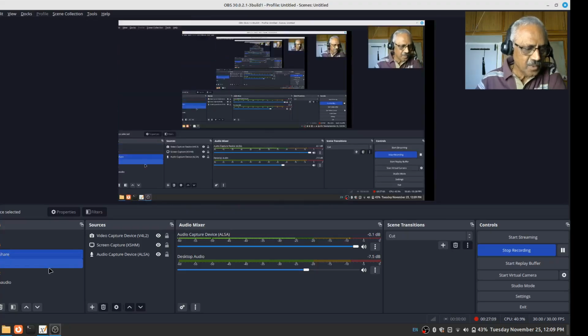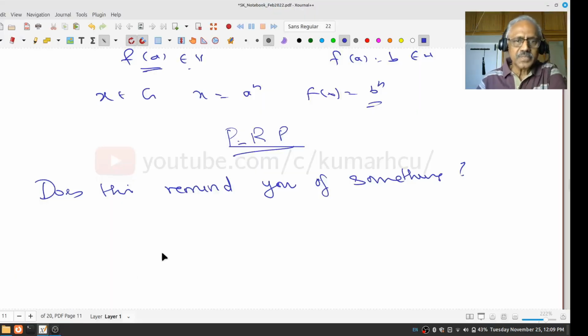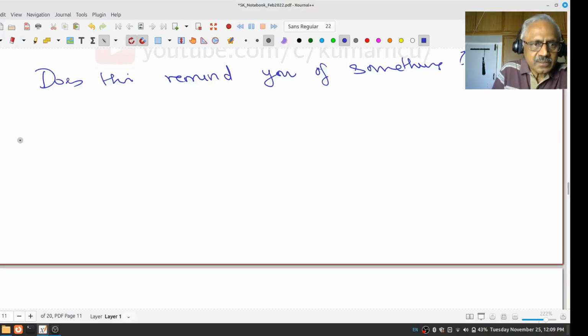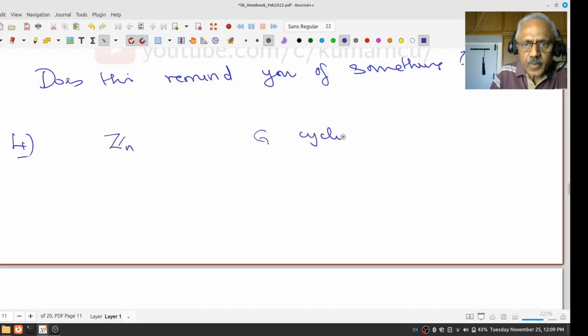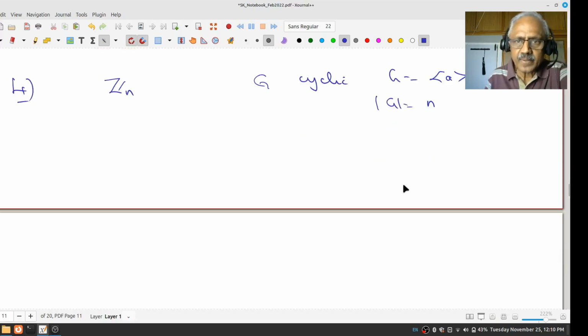Okay, so let us use this to ask the next question. Suppose I look at Z_n and G is cyclic. Let us say G equals <a>, and the number of elements is also n. Okay, can you think of a natural homomorphism?